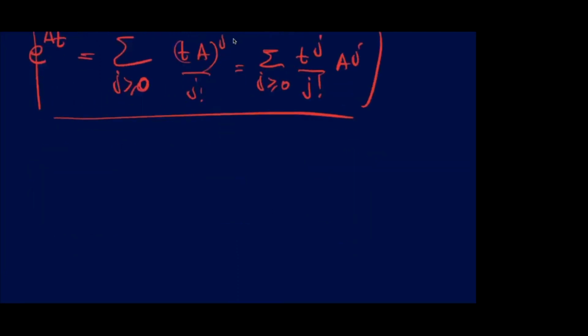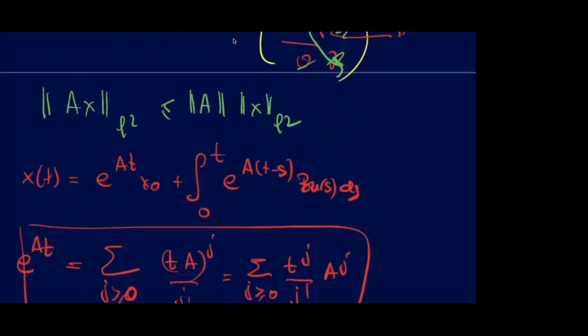Why? Because the norm of exponential of At will always be less than the exponential of the absolute value of t times the norm of A. So the problem is well posed.